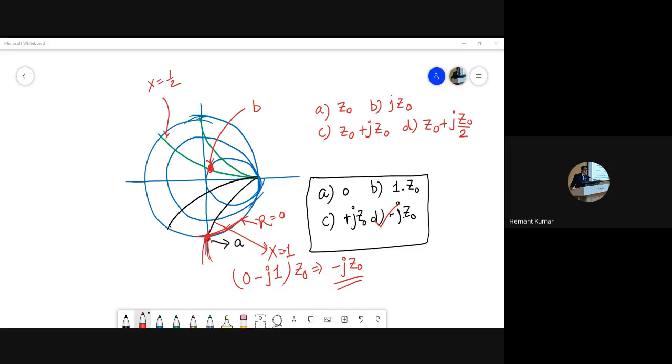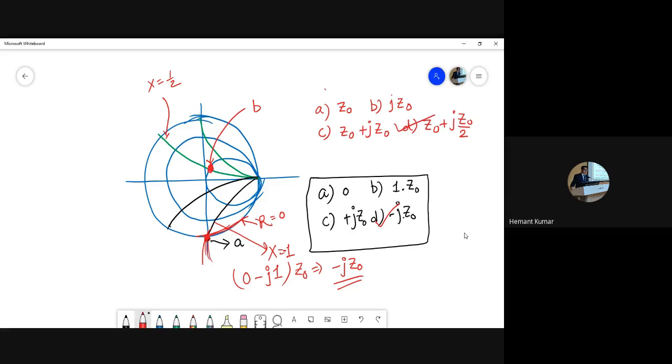So now you know how to calculate the impedance using the Smith chart, right? This is all about the Smith chart. You can check the value of any point, so we have gamma equal to these values.